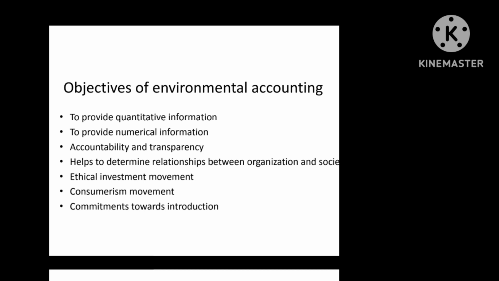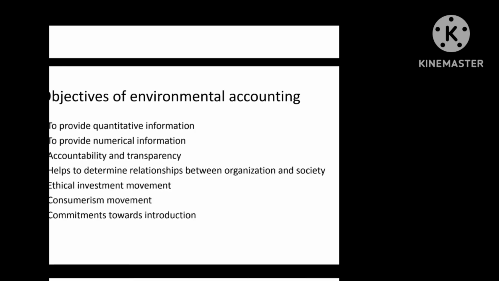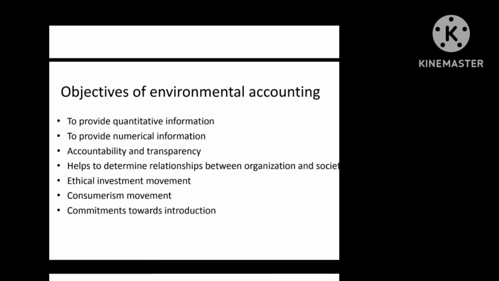Next is to provide numerical information, which is the same point. Next is accountability and transparency. It helps to determine the relationship between the organization and the society, that is, how an organization is harming the environment or can benefit the environment, and if possible, in what way.